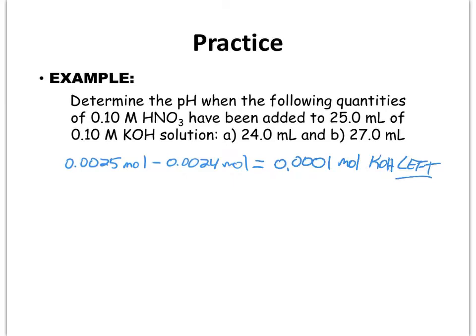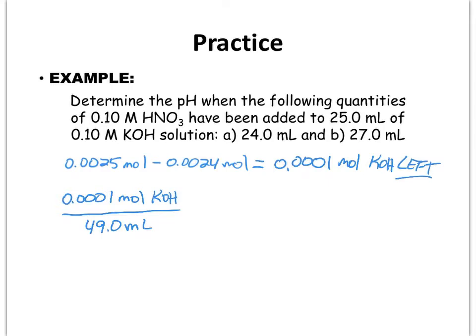So if I still have 0.0001 moles of the base left, it's now floating in a total of 49.0 milliliters of solution. Remember, I started with 25 milliliters initially, and I added 24 milliliters of the acid.